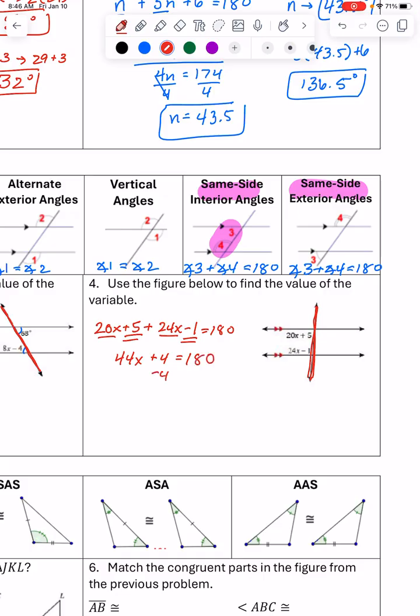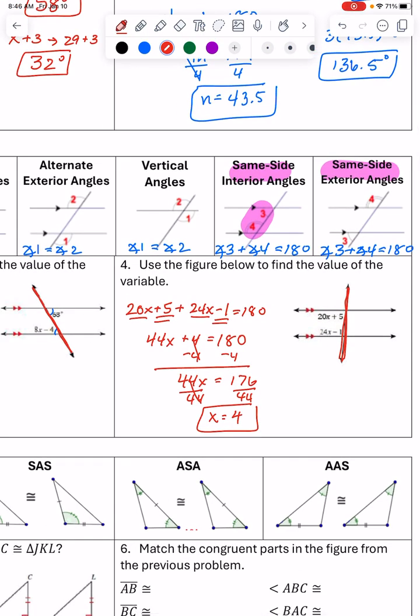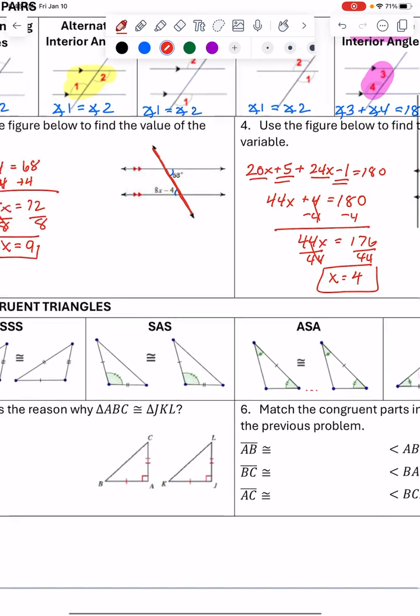Okay, subtract 4. It's 176. And if we divide, we get x to be 4. Okay? So, again, just have to know whether I'm setting the angles equal or adding them up to 180.